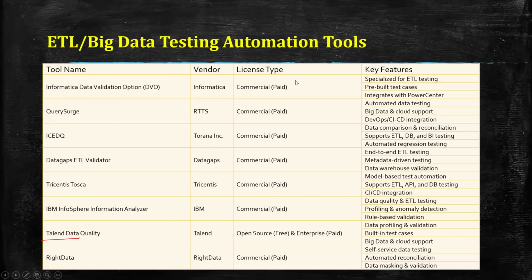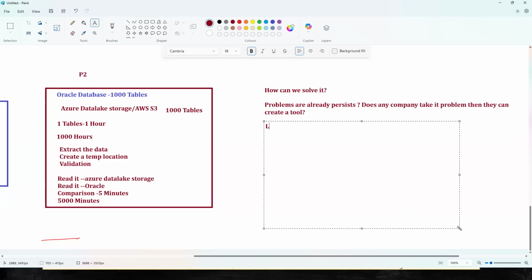Whenever you go with enterprises, license types are two kinds: one is licensed, commercial, and another is open source. So each one does not support all the use cases.